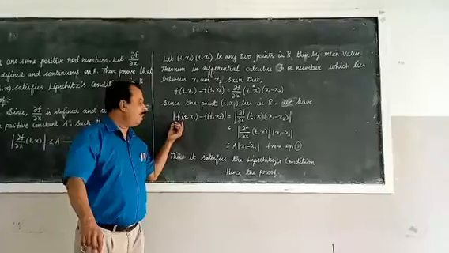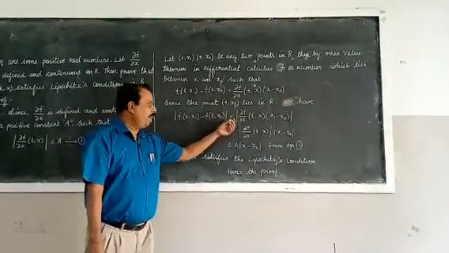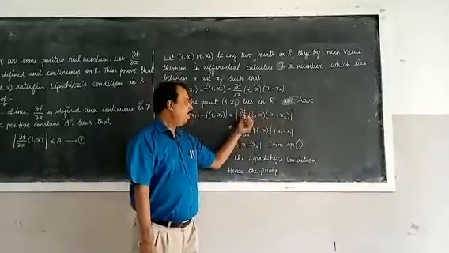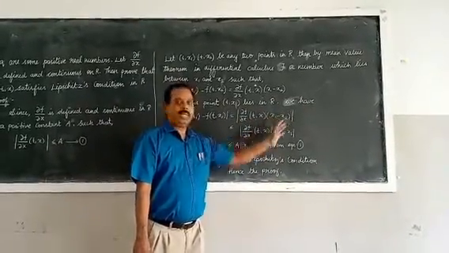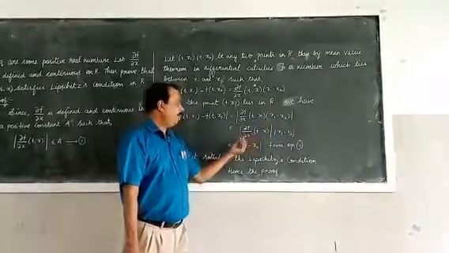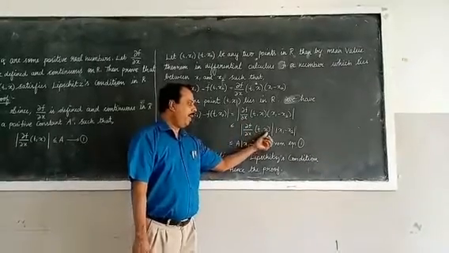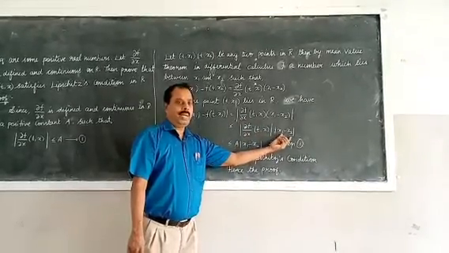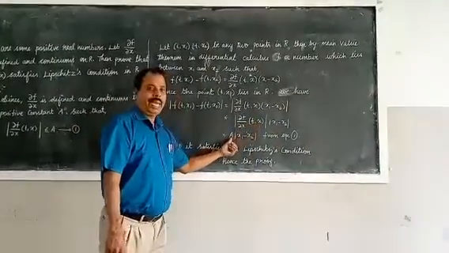That is, |f(t, x1) - f(t, x2)| is equal to the modulus of the partial derivative of f with respect to x at (t, x) times (x1 - x2). Now you can split this modulus expression like this: the modulus of the partial derivative times |x1 - x2|.